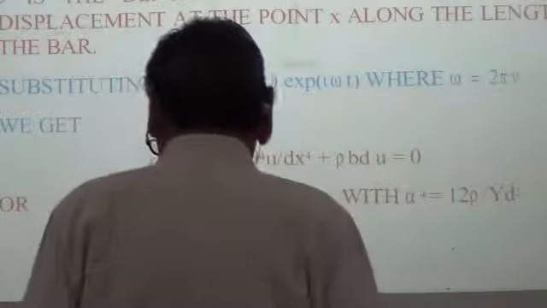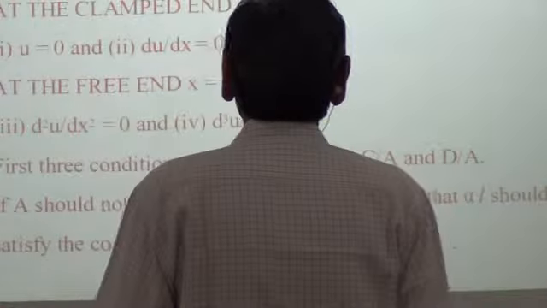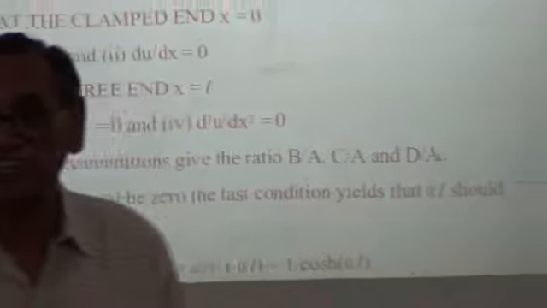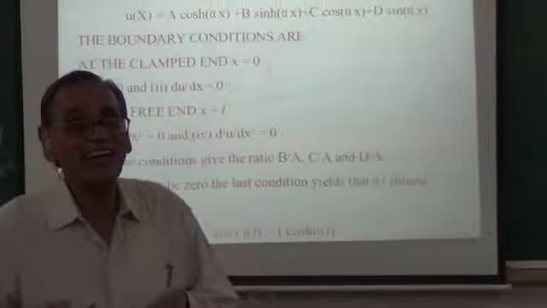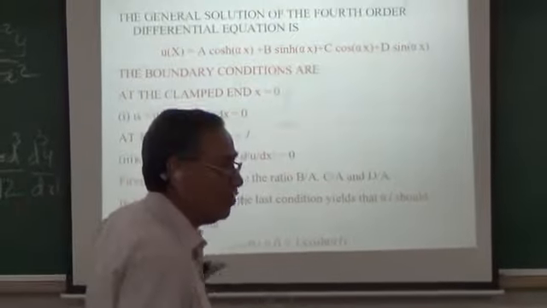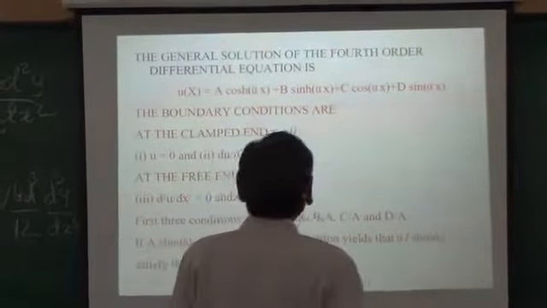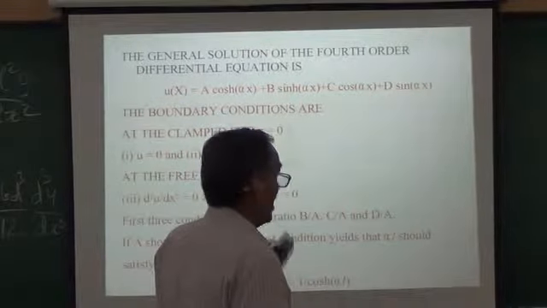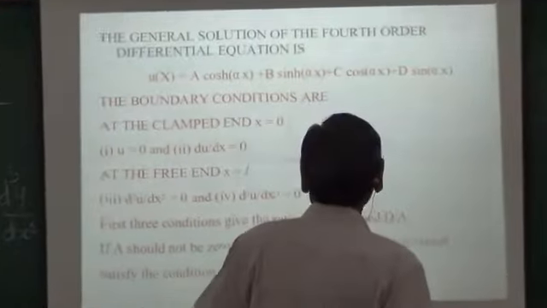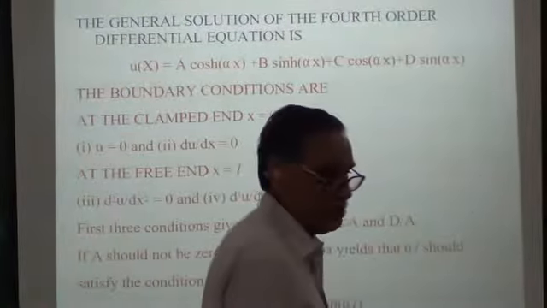So the general solution will be, instead of e power alpha x, e power minus alpha x, I take hyperbolic cosine alpha x, hyperbolic sine alpha x, and instead of e power i alpha x, e power minus i alpha x, I take cos alpha x, sine alpha x. This is the general solution.